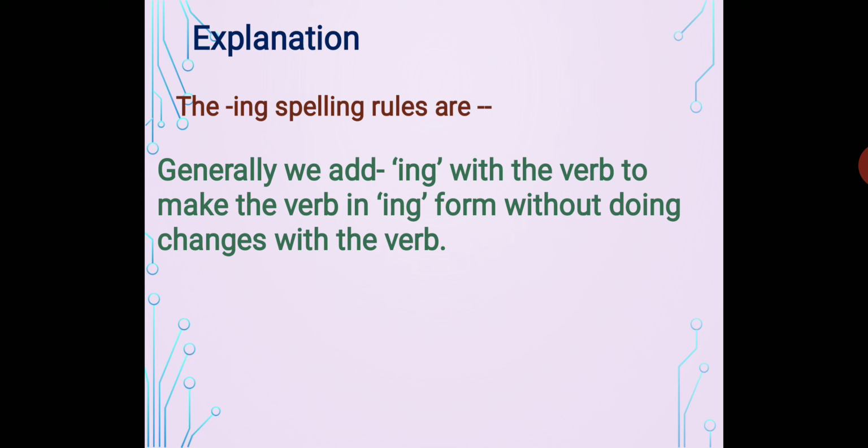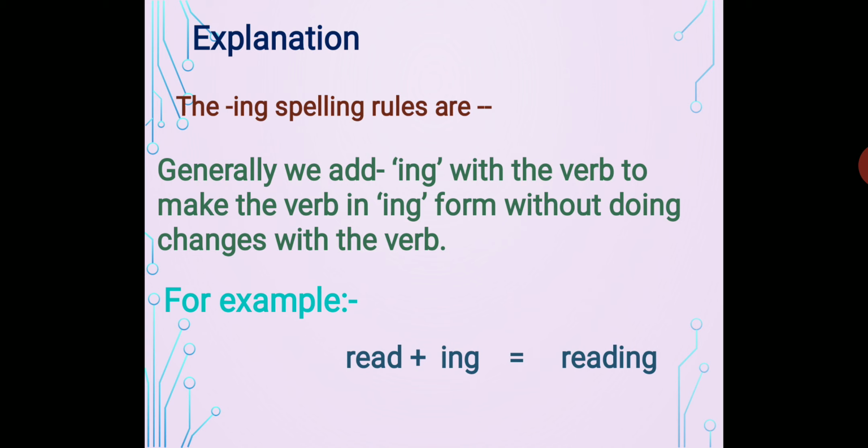For example, let's see the examples. Read, we add only ing without any changes, so it becomes reading. Then jump, we add ing and it becomes jumping. These are the examples. We simply add ing and make the ing form of the verb.